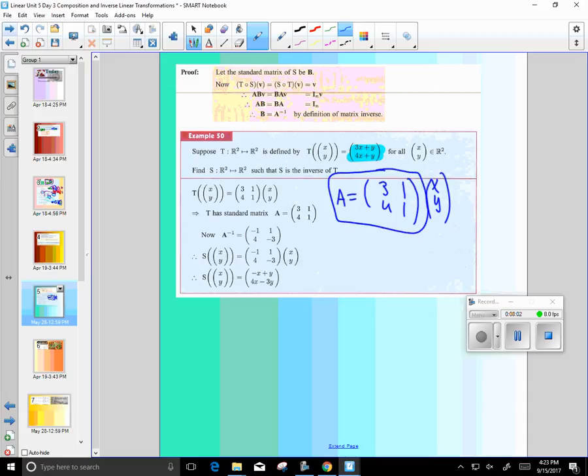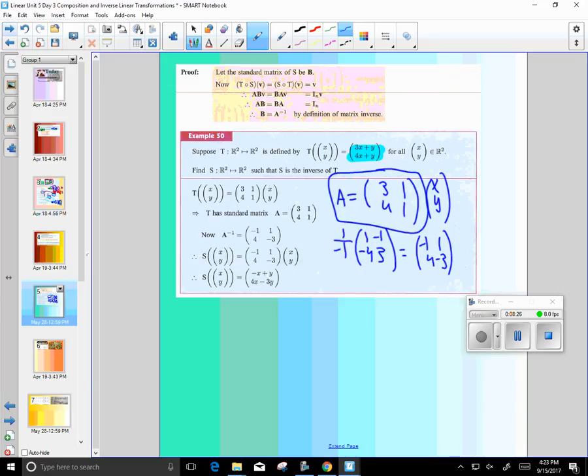So if we have that matrix A, [3, 1; 4, 1], and we go, let's see, 3 minus 4, negative 1, 1 over negative 1, [1, 3; negative 4, negative 1], which is going to be [1, negative 1; negative 4, 3]. This is the inverse.